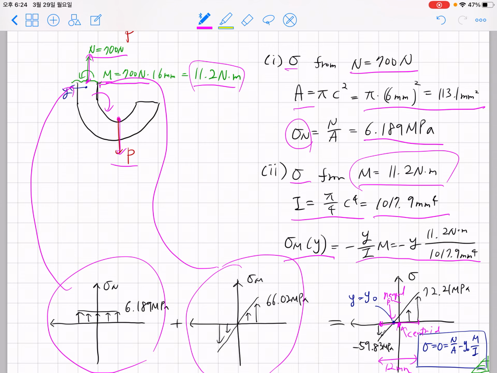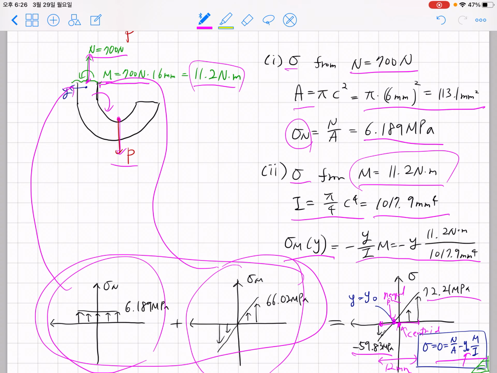You can also obtain the maximum compressive stress and maximum normal stress by adding or subtracting these two numbers. And the location of the neutral plane y0 you can find by solving this equation. This indicates when stress equals zero, that is the location of the neutral point y0. Okay, with that, let me finish my short discussion on eccentric loading.